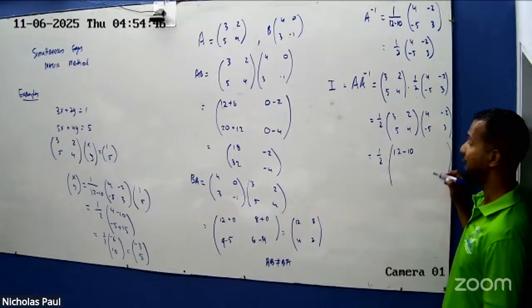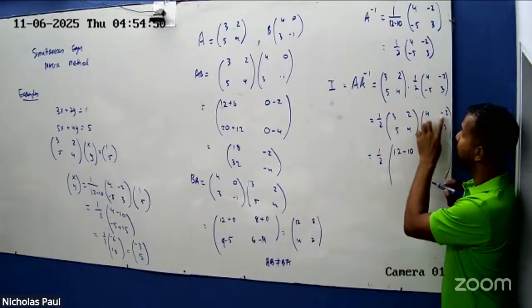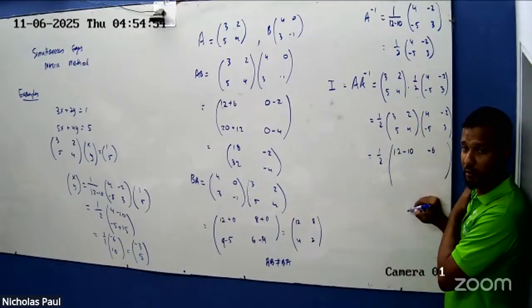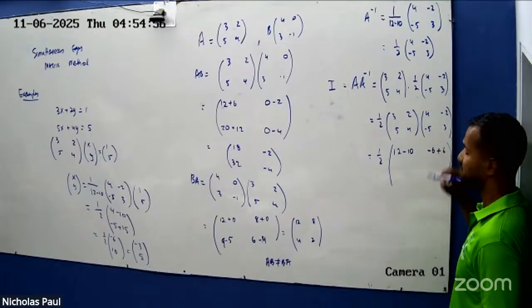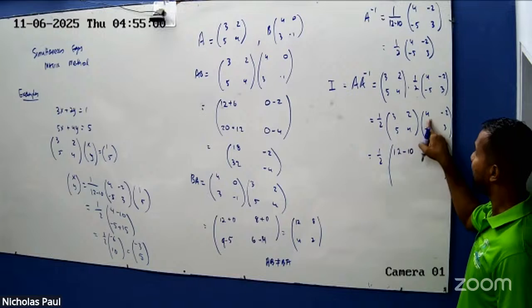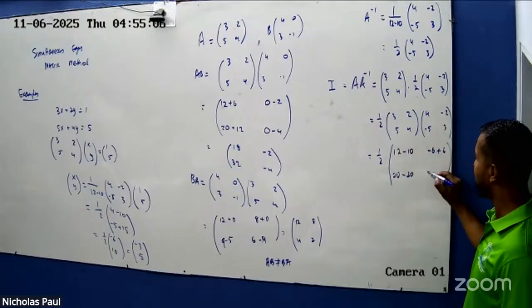Right? Then what? Row by column again. 3 by minus 2 is. And then it's a positive sign. Go again, row by column. 5 by 4 is, 4 by minus 5 is. Row by column again.